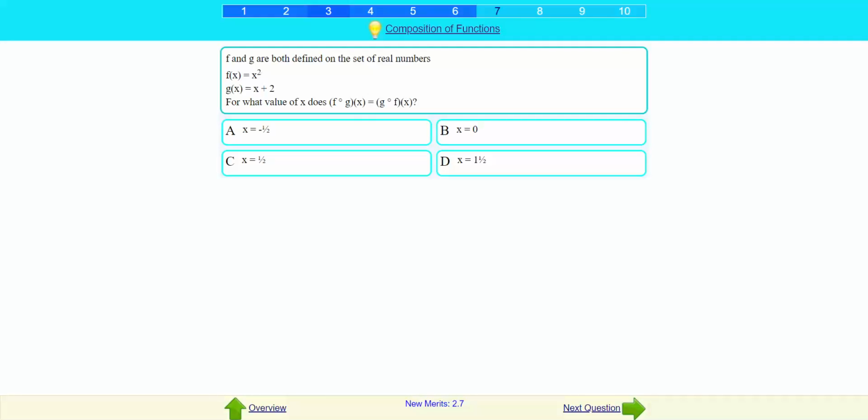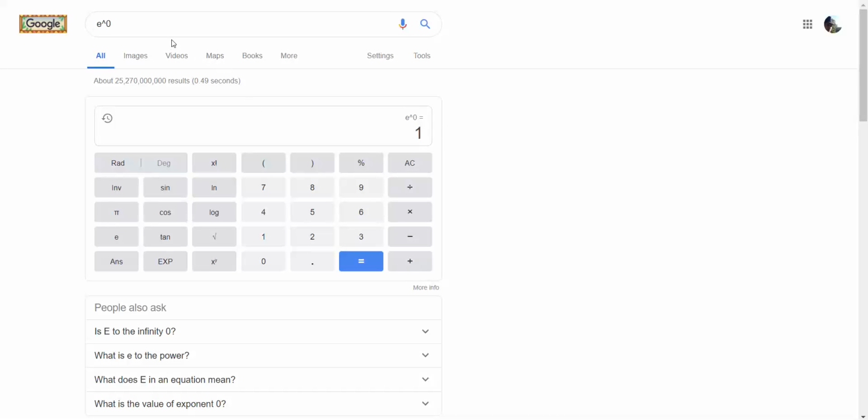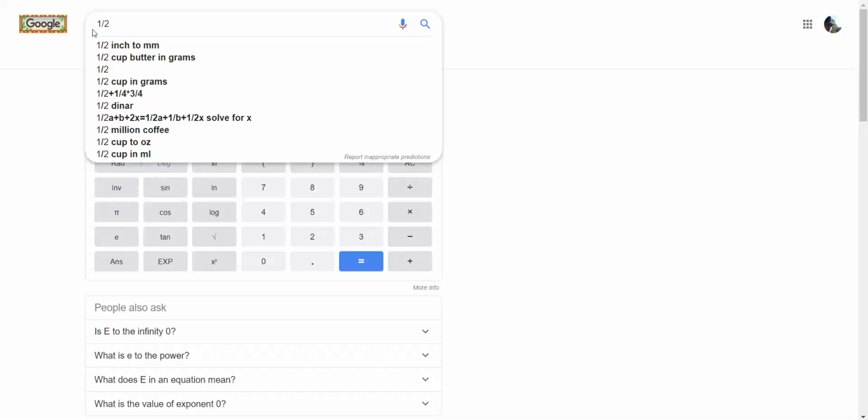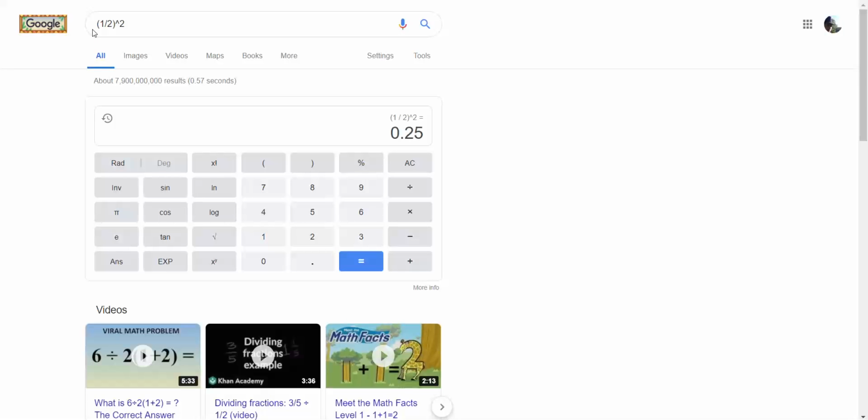Let's use the calculator. It might be embarrassing to use a calculator, but let's assume we have a calculator with us. So 1 over 2, that's 0.5, and squared that's 0.25. Then you have plus 2.